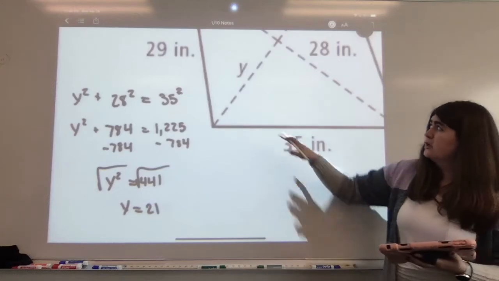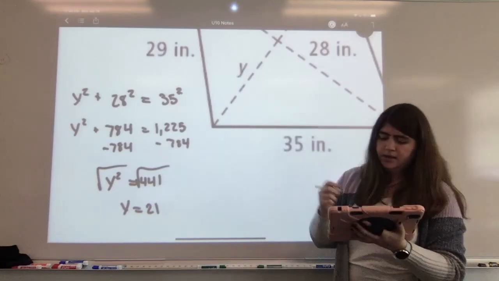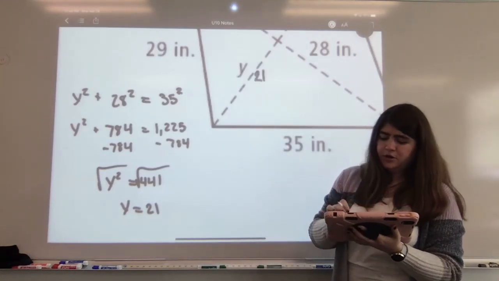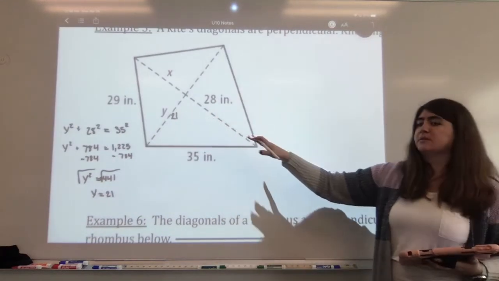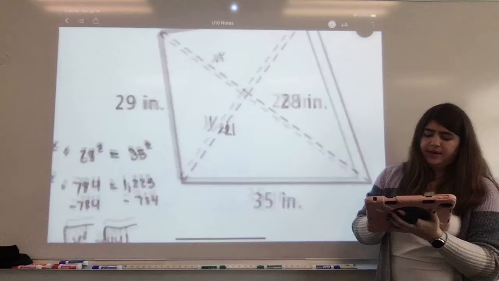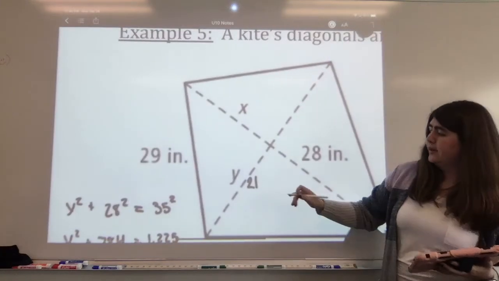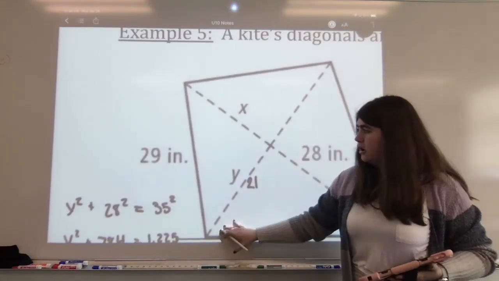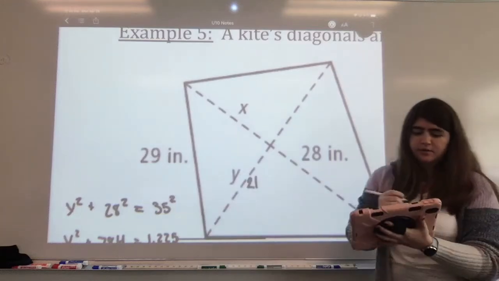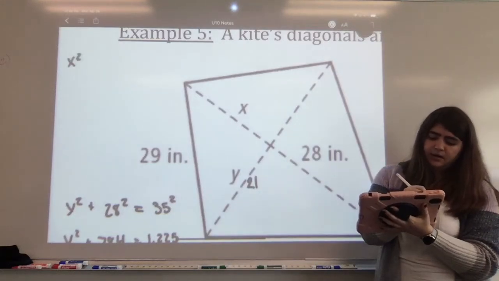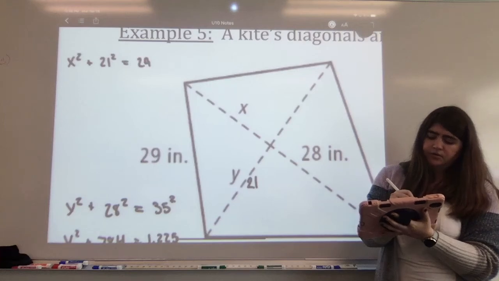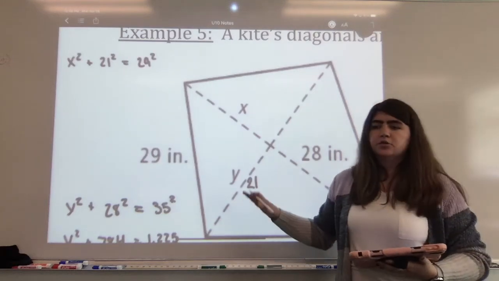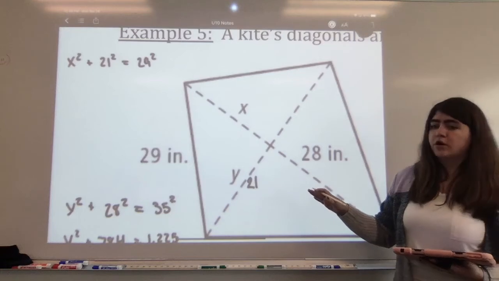All right, so now that I know my y is 21, I can use that information to solve for x by using the Pythagorean theorem again, because now we have a different right triangle. We have our short leg, our long leg, and our hypotenuse. So I have x squared plus 21 squared is equal to the hypotenuse squared, which is 29. 21 squared is 441.